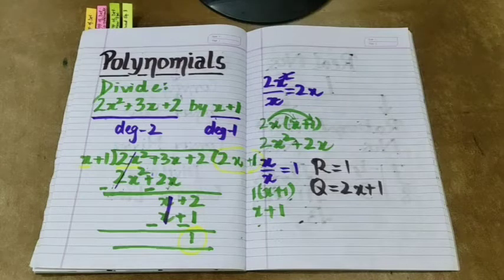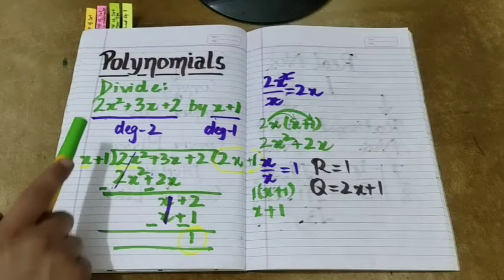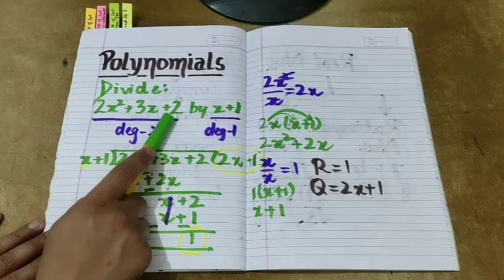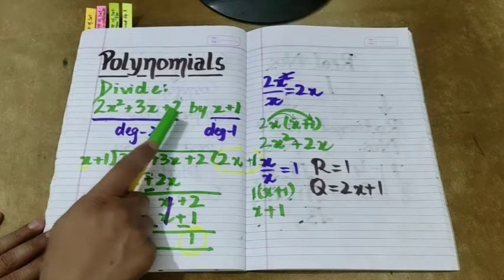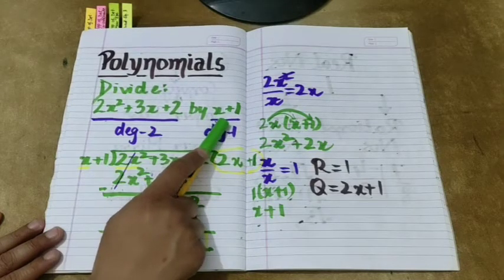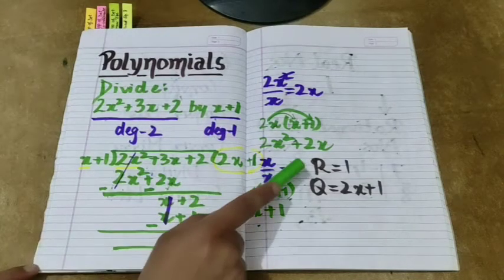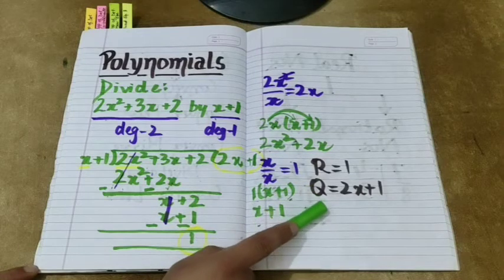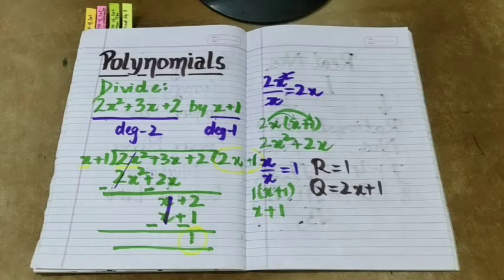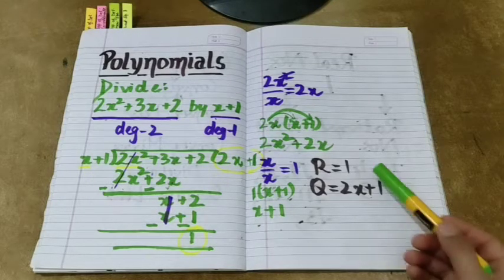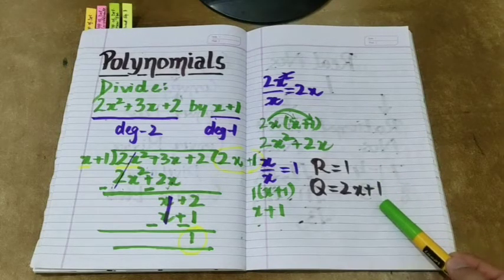For example, if a polynomial 2x squared plus 3x plus 2 is given to us and we have to divide it by another polynomial, x plus 1, on dividing we get remainder equals 1 and quotient equals 2x plus 1. Means if we divide one polynomial by another polynomial, we can find the remainder and quotient as well.